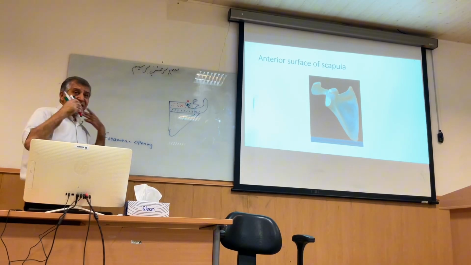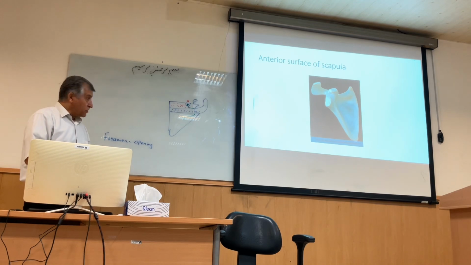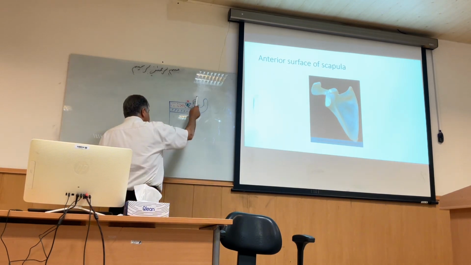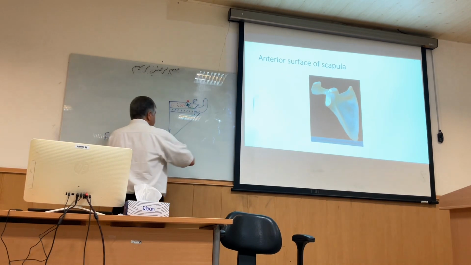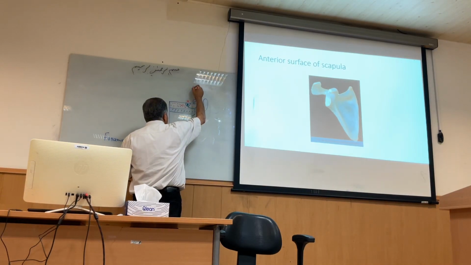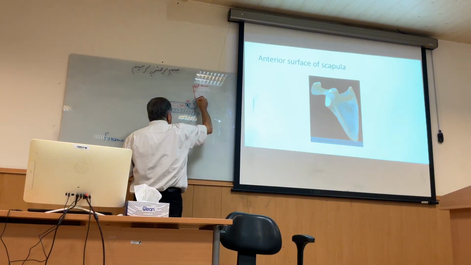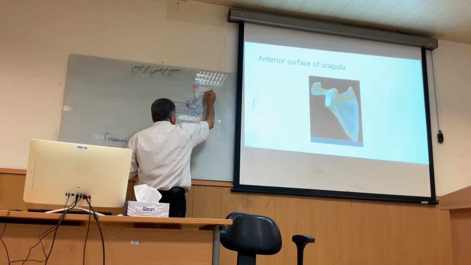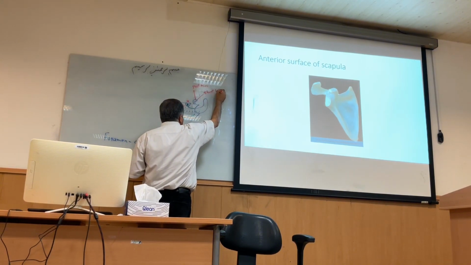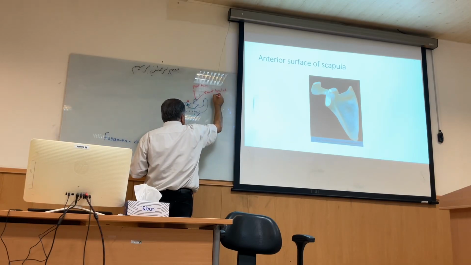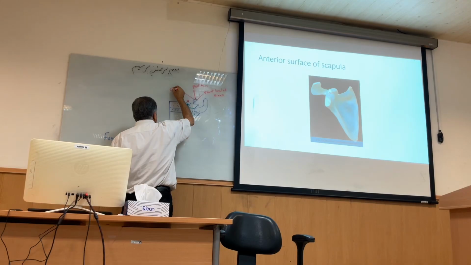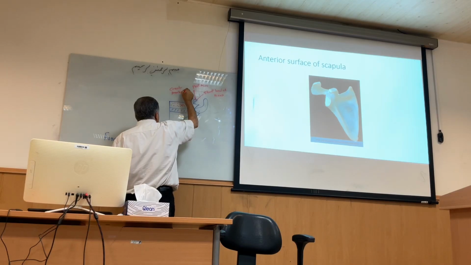Coracoid process is very important because three muscles attach to it. The three muscles are pectoralis minor, short head of biceps, and coracobrachialis muscle. Coracobrachialis muscle. Okay?